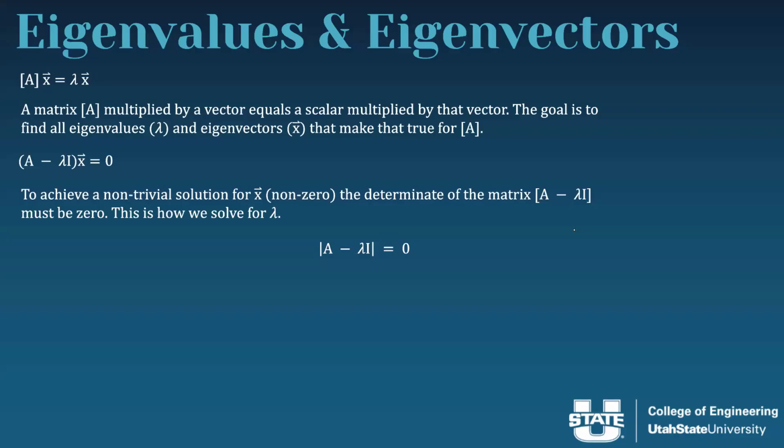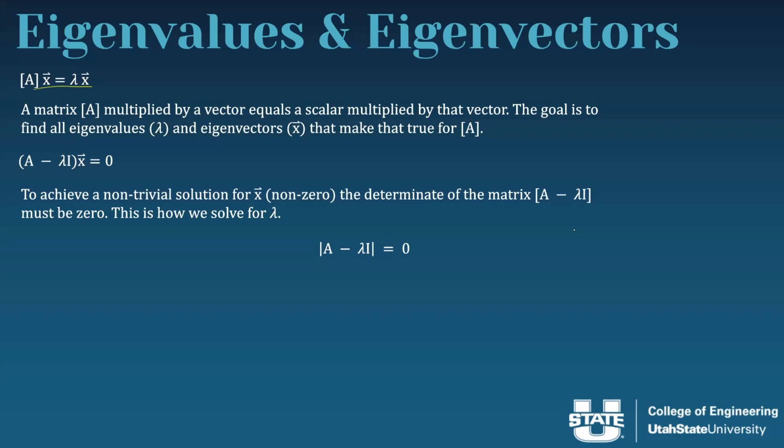Yeah. So we are able to derive how we get our eigenvalues and eigenvectors from this initial equation up here, which basically states in words that the matrix A multiplied by a vector x equals the scalar multiplied by that same vector x.